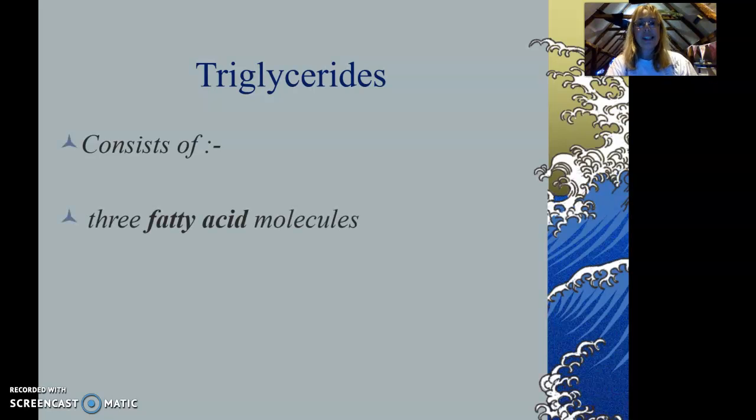The 3 parts is the 3 fatty acid molecules, and it also has 1 glycerol. So the glycerol is the backbone, and the 3 fatty acids make up the horizontal line of the letter E, which is the shape of the triglyceride. Pause, copy this down, and then we'll look at some pictures.